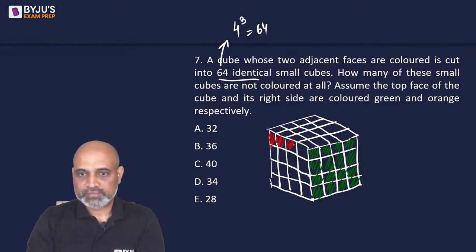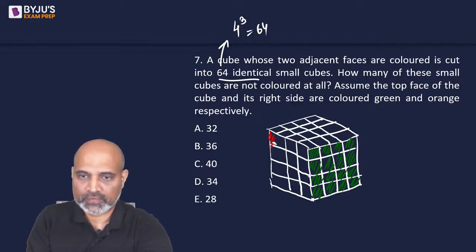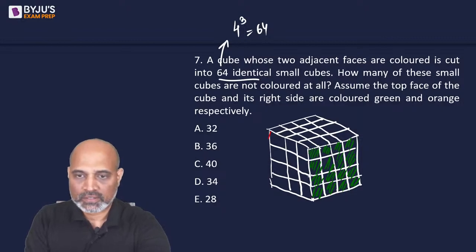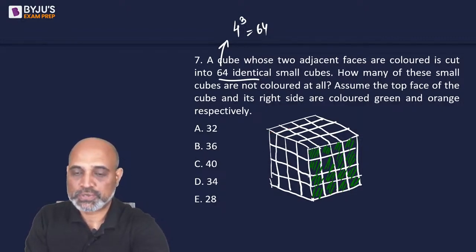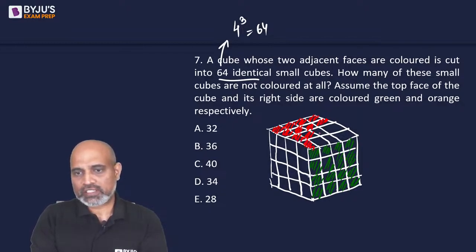Okay, the top is given, so let's color the top. I'm drawing this so that people who are finding it difficult to visualize will have an idea of what is going on, which faces they are asking us to color. Okay, so the top face is colored orange, or let's say red. Now the question is, out of these 64 small cubes, how many cubes are not colored at all?